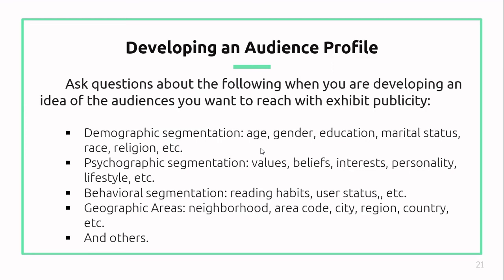Next is psychographic segmentation, or their values, their beliefs, their interests, their personality, their lifestyle, and the like. So the interests and the personality of our target users are also affected with their age, with their gender, with their education, or their marital status.